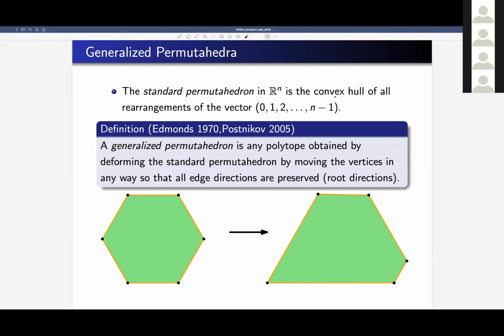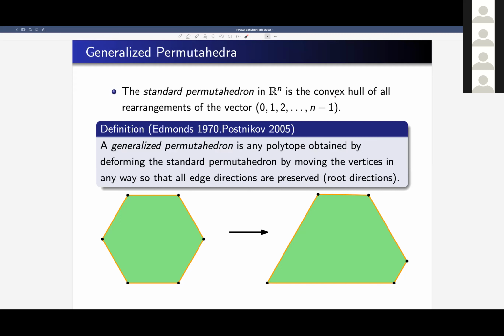And so I want to mention generalized permutahedra. These are polytopes with edges in directions e_i minus e_j. They've been studied for a while. Edmonds looked at them in 1970. He called them polymatroids.